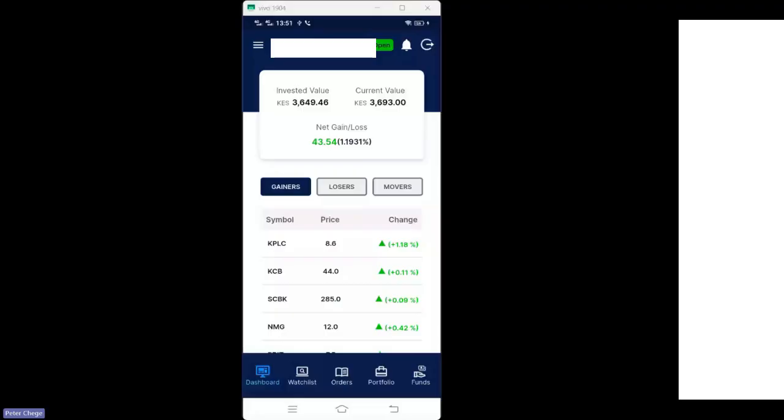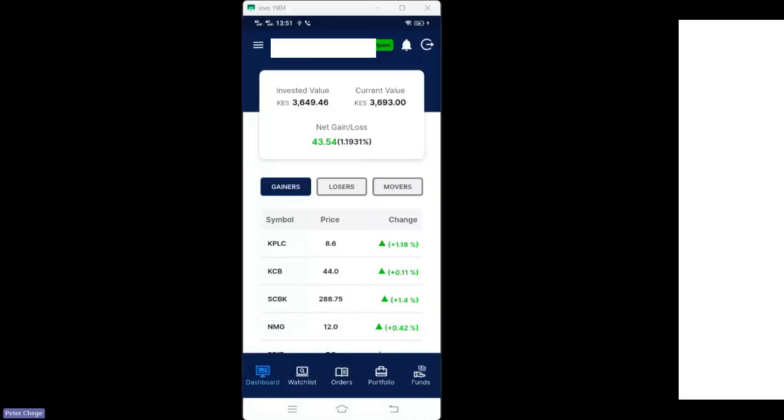Right now, you'll see in the app, it's trading above 5 bob. So if you panicked because you made a loss, you'd have sold at a loss, yet that counter would have moved up and you would have made gains. But remember, the gains and losses displayed on the app, you only realize when you do the actual trade. If you have not done the actual trade, there is no actual loss that you are making.